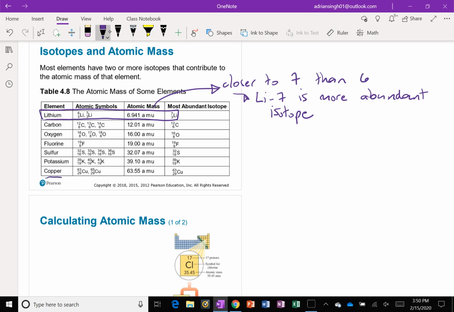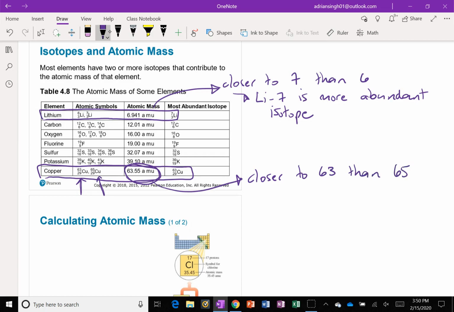Similarly, if we look at copper down here, right, we can see that copper exists as two isotopes, copper-63 and copper-65. Well, the weighted average of those two isotopes is 63.55, right, which is closer to 63 than 65.